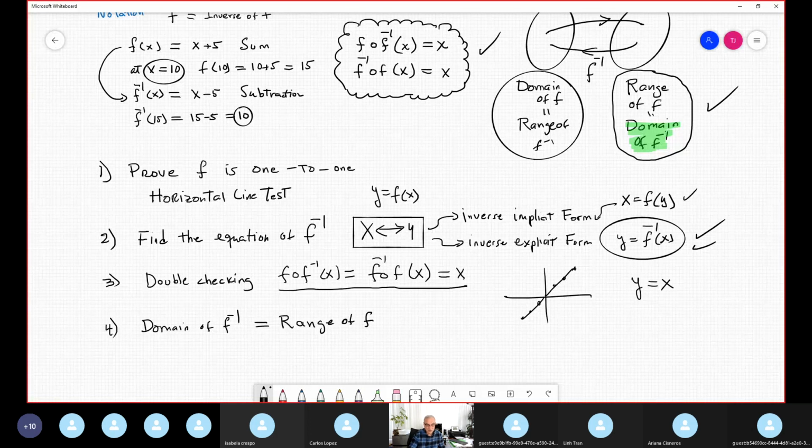Now we open the door to one easy way: the range of the inverse is equal to the domain of the original. Okay, keep in mind this idea.